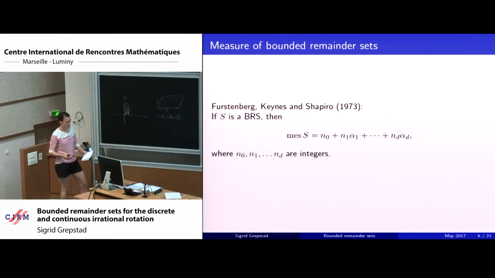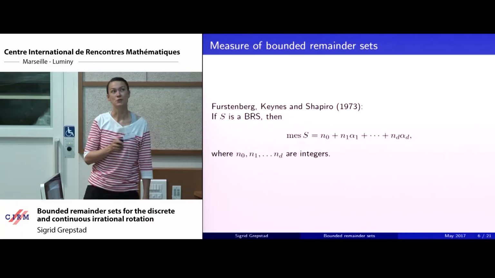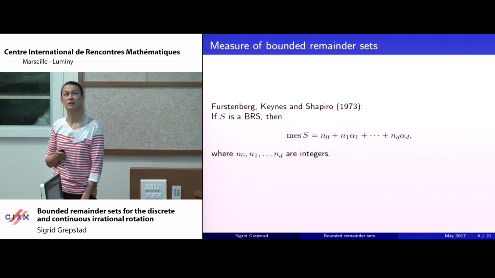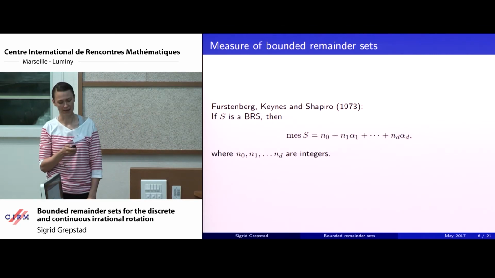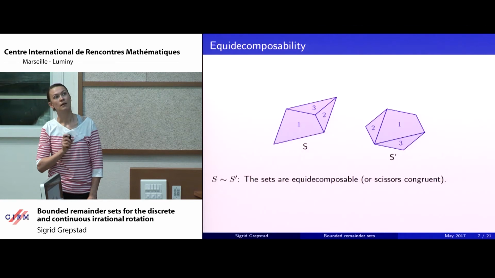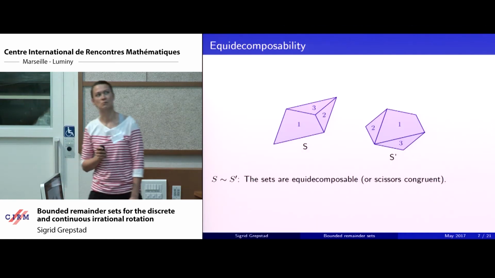Right. Now, another thing that we were able to establish was a new, quite different necessary condition. And in order to fully explain that, I will have to introduce this notion of equidecomposability.